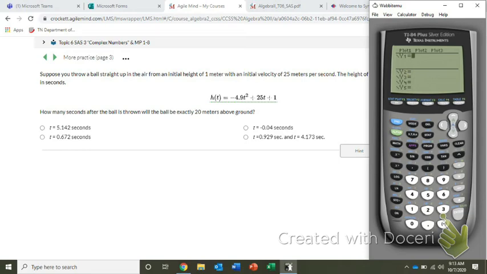Okay? Negative 4.9 x squared. We can use x, we can use t, it doesn't matter. Plus 25x plus 1. And I want you to go to your table.